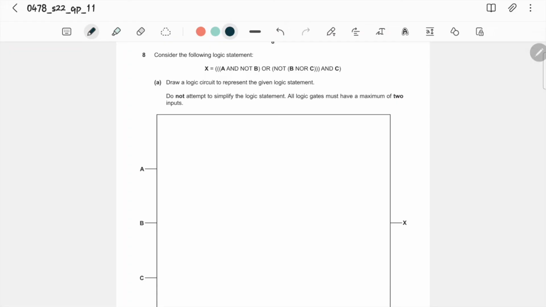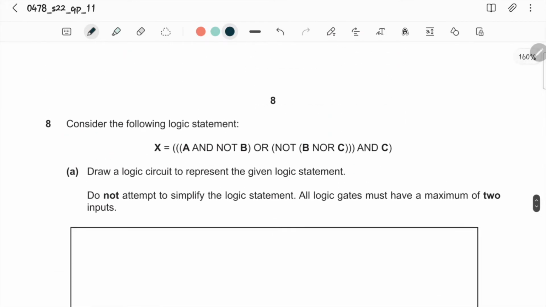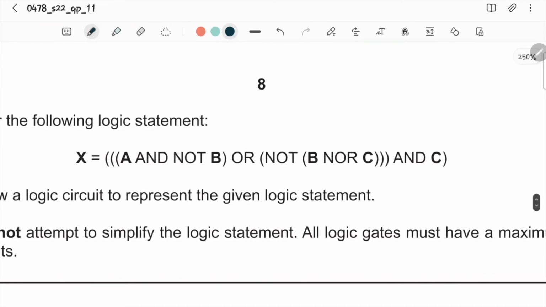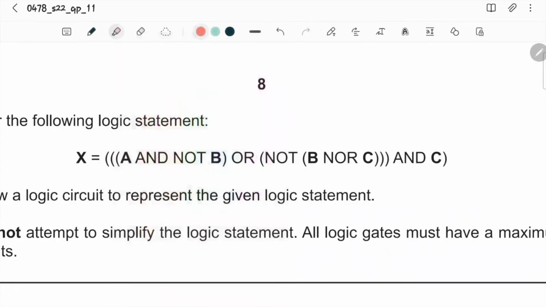Okay, finally, now we've got one of the always-coming topics, which is logic circuits. Let's have a look at this. Let's first of all study the logic circuit here. If I study this, first of all, we have an A and not B that is together.